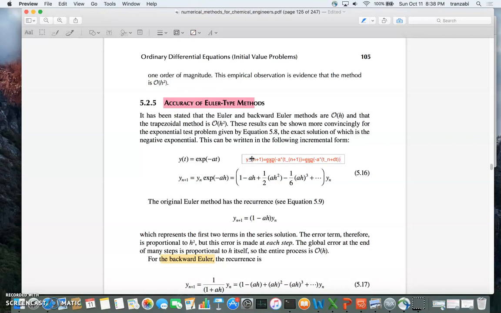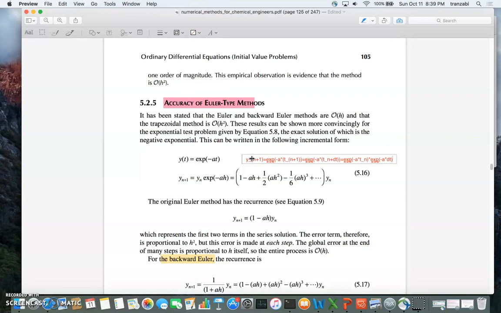All right, so next I'm going to expand the exponential. So this is going to be exponential of minus a times tn, and then times exponential of minus a times dt.